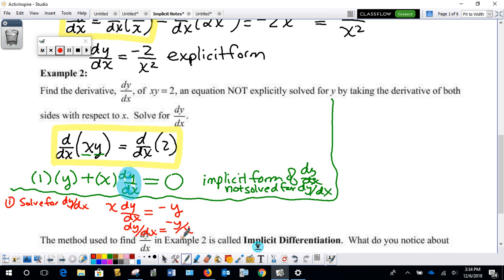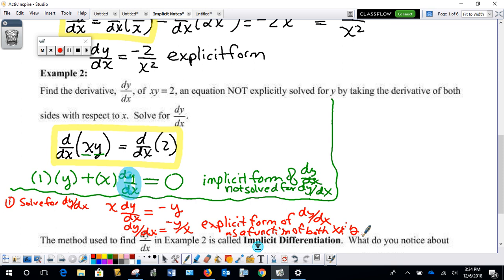Alright, so now I have an explicit form of dy dx, but this is still not quite the same as what I had up here, because notice that this explicit form is your derivative as a function of both x and y. And so this doesn't quite match what we had up there yet.